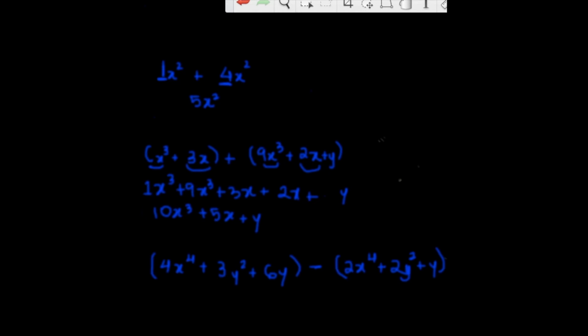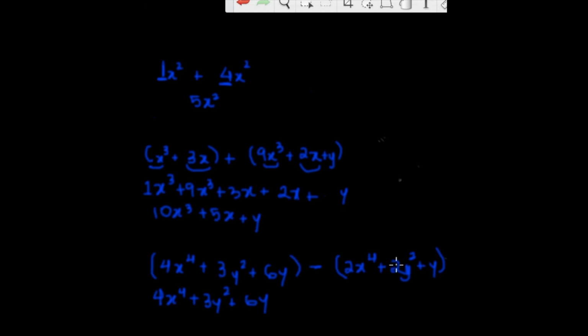In this case, just open the bracket and it'll be 4x to the power 4 plus 3y squared plus 6y. And now to open the second bracket, you just need to distribute the negative sign to all the terms here.